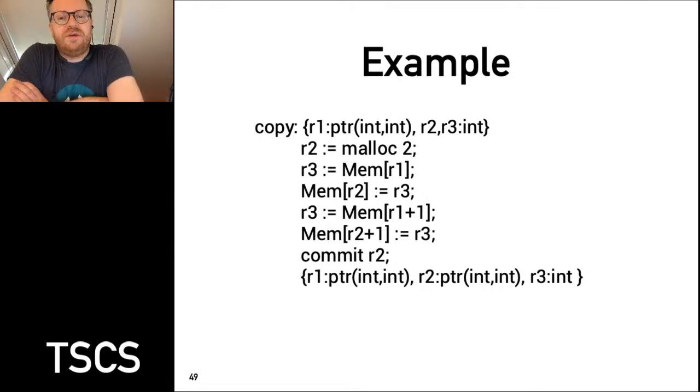And you do the same thing for the second word, and then you commit R2, so you make a unique pointer into a shared pointer, and then you have this pointer to this memory location of int. So this is how you basically do a copy procedure.